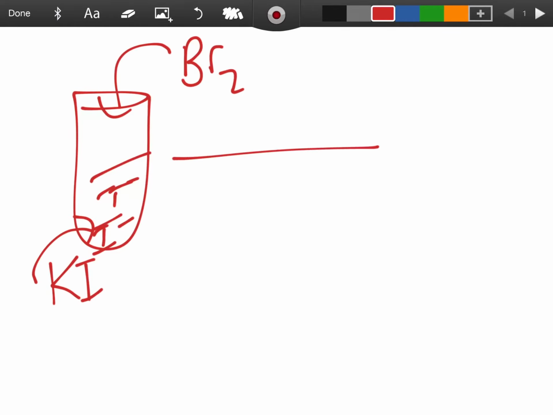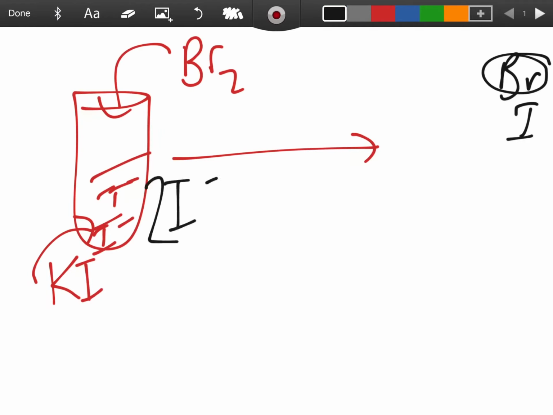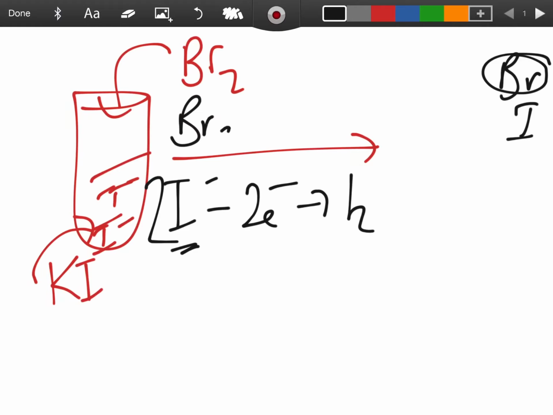And then in the last test tube, they have, again, I minus ions, because you have KI again, but this time instead of chlorine water they're putting in bromine water. Now bromine is higher up than iodine, so bromine is more electronegative, so bromine takes the electrons from the iodide ions and you form iodine.